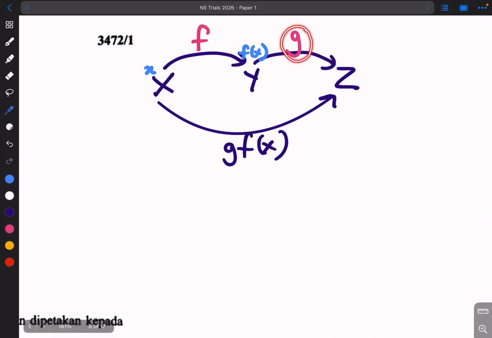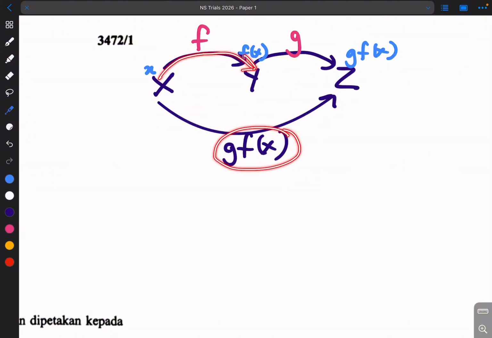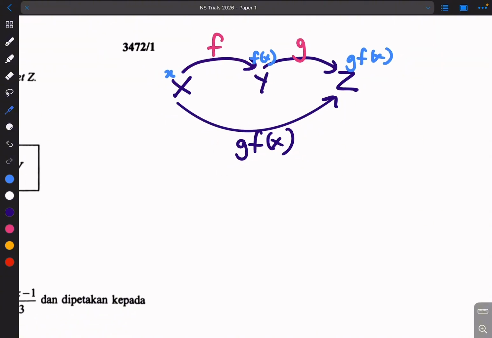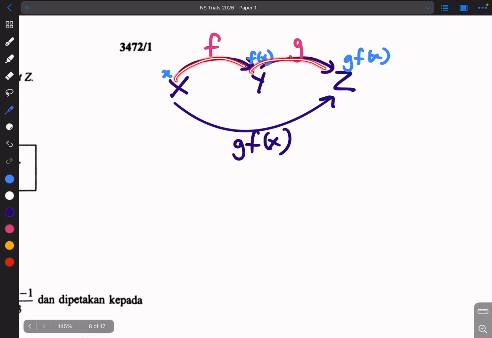Now this is the object, so the function of our object would be g of f of x. So we'll end up with g of f of x. So basically, if you want to split the composite function, you must put the f first and then the g. The one at the back first and then only the one in front. So f and g will give us g of f of x.